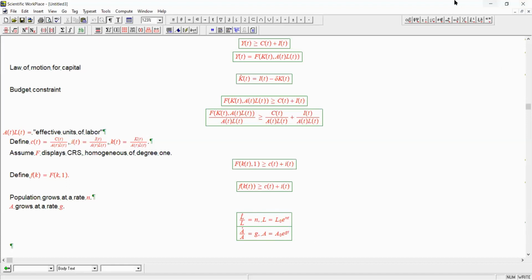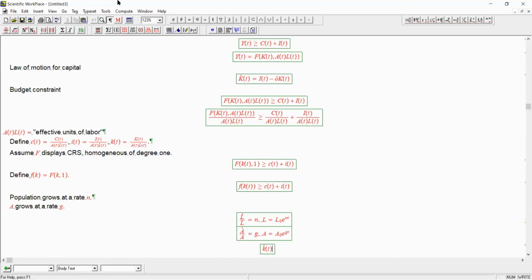The next thing we would like to do is find an expression for small k dot. And if we can do that, then we'll have been able to transform everything into lowercase variables.